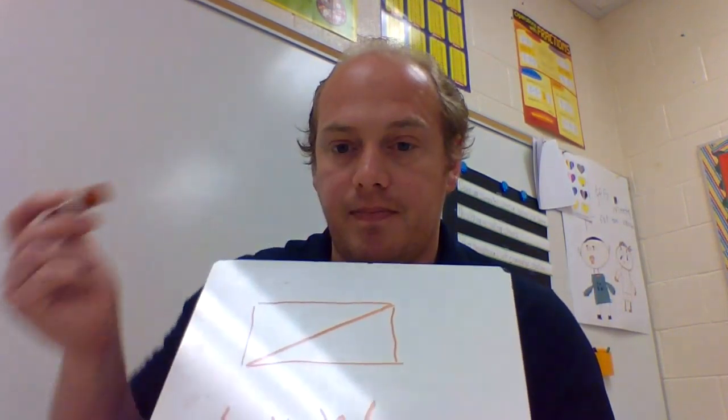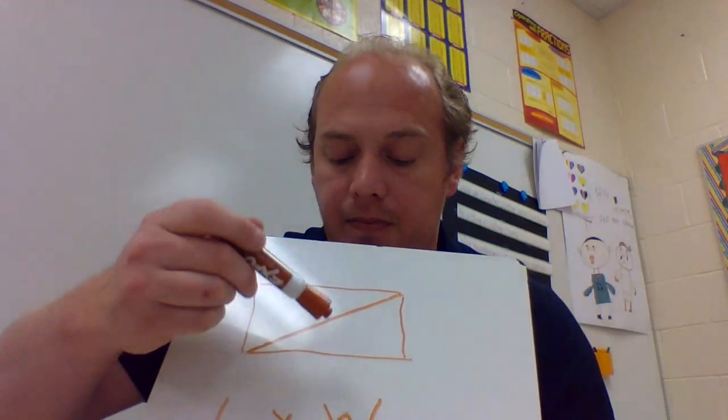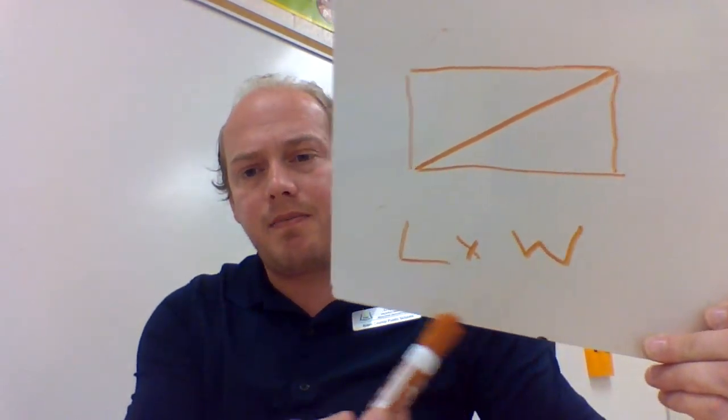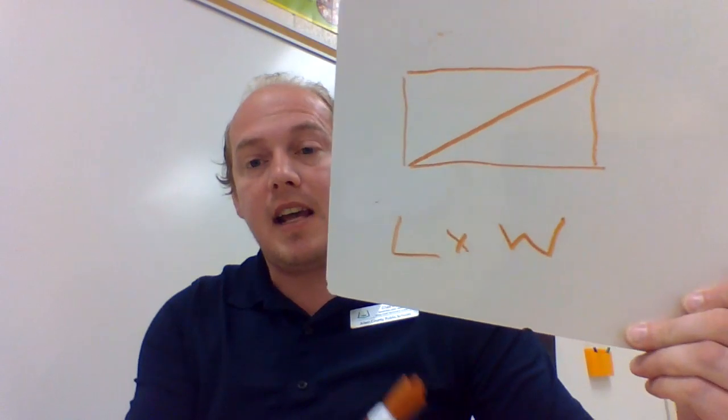So here is why we're going to divide by half. So if I make a diagonal line across this rectangle, what do I have here and here? I have a triangle here and here. So that is why we're going to take our length times width, and divide them by 2. Divide them in half.